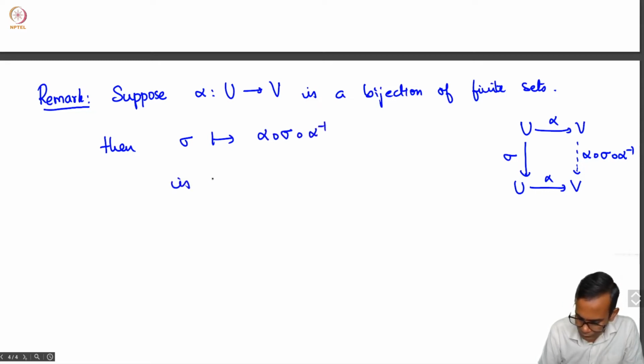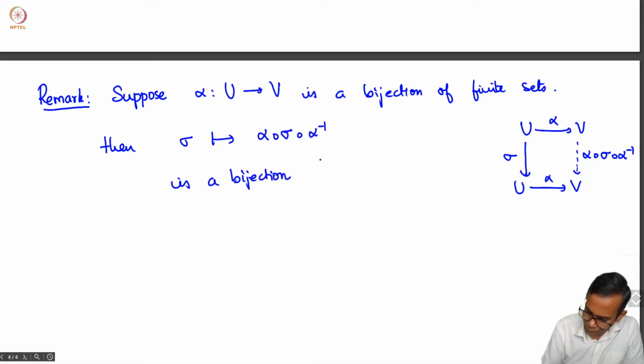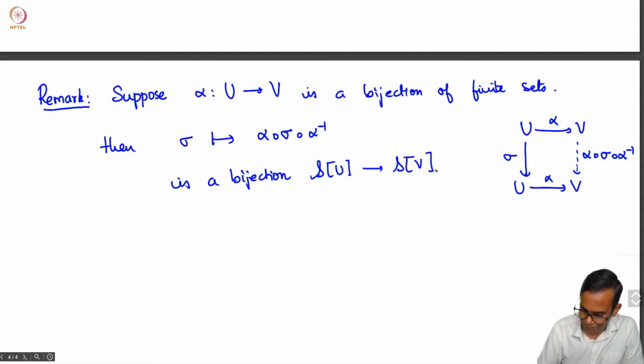This is a bijection from permutations of U to permutations of V.